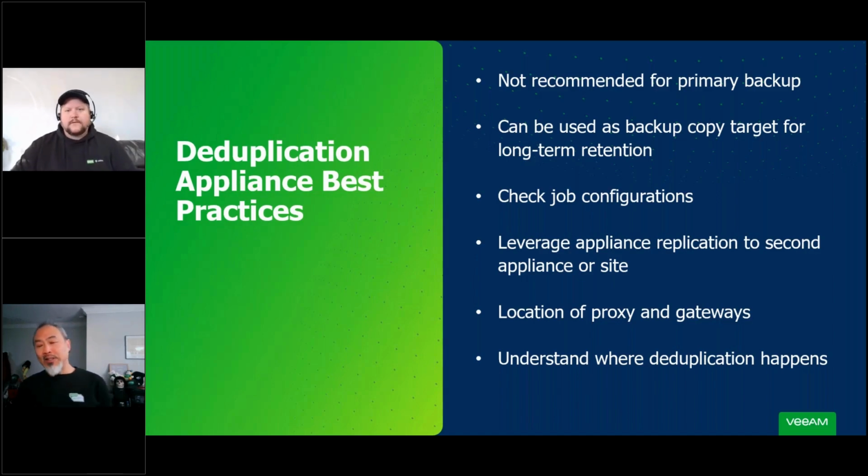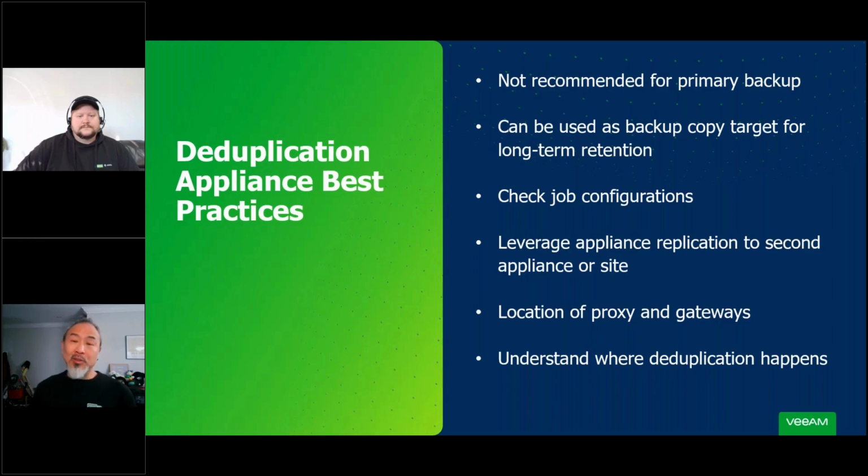Another thing to consider is how to design your proxies and your gateways. If you have these on separate servers, you have to consider the network speed that you have to put into your design. So there's a recommendation, if you can, to put the proxy and the gateways on the same server to avoid that network traffic. And finally, just an understanding of where the deduplication actually happens.